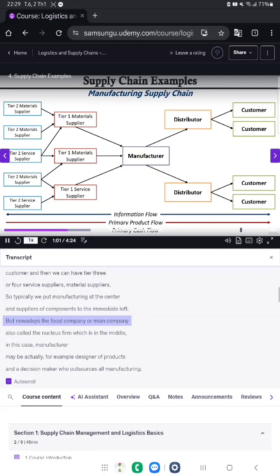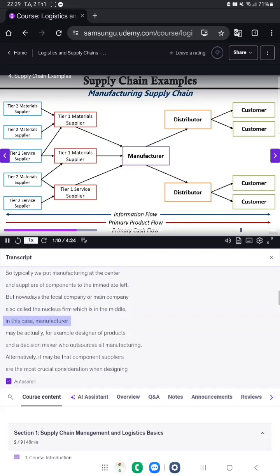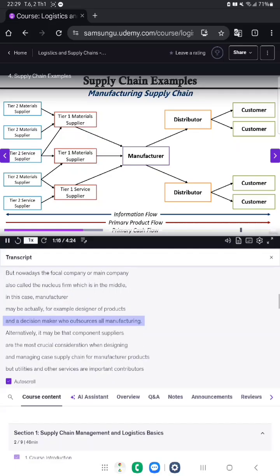But nowadays the focal company or main company, also called the nucleus firm, which is in the middle, in this case manufacturer, may be actually, for example, designer of products and a decision maker who outsources all manufacturing.